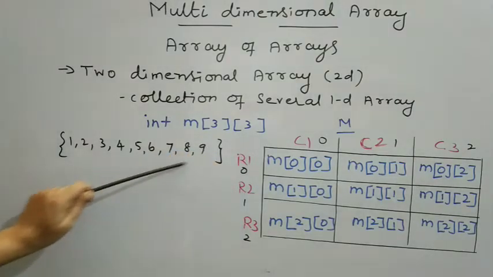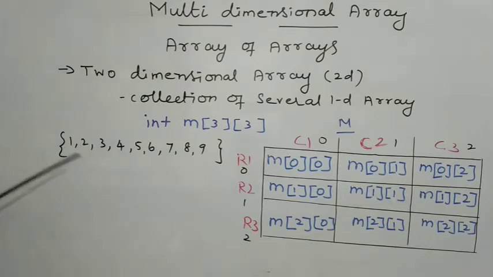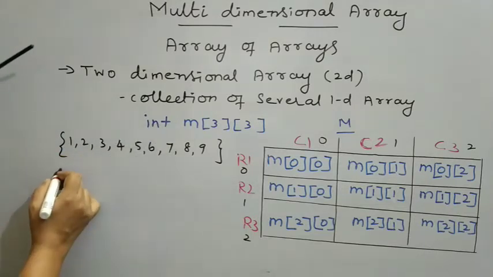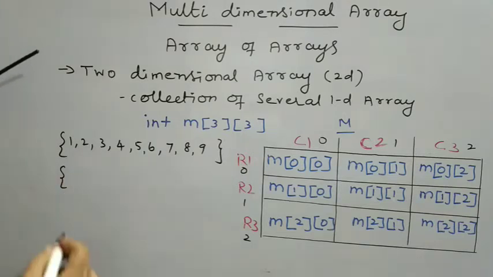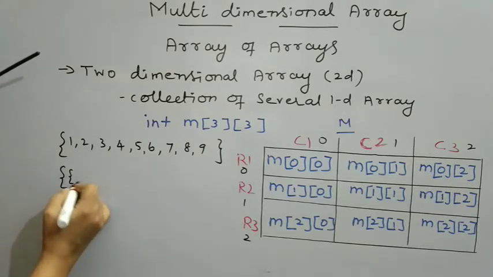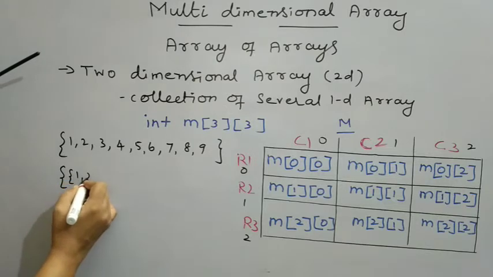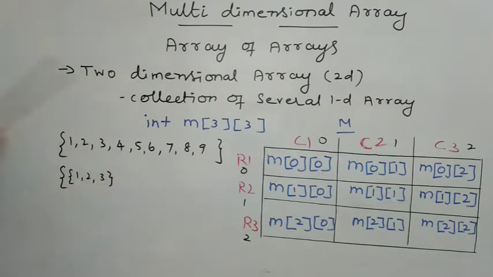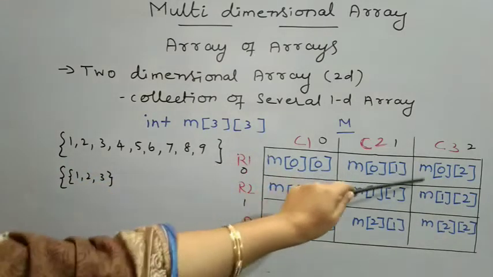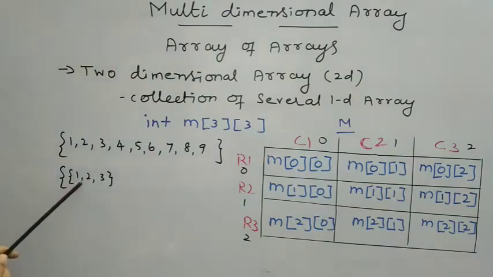We can initialize the values like this, or else row by row. The first row is enclosed within curly braces: 1, 2, 3. In row 1 we have 3 elements, and their values are 1, 2, 3.